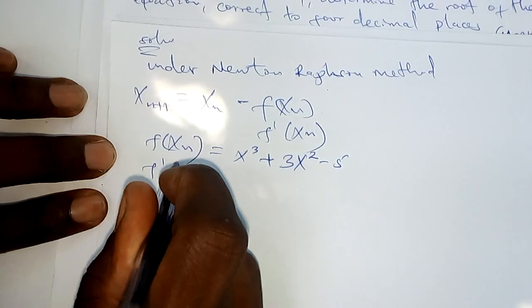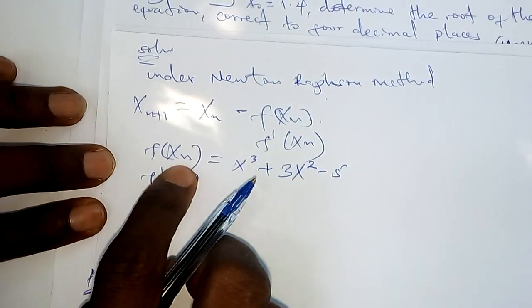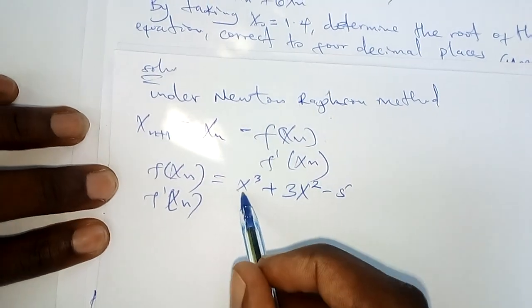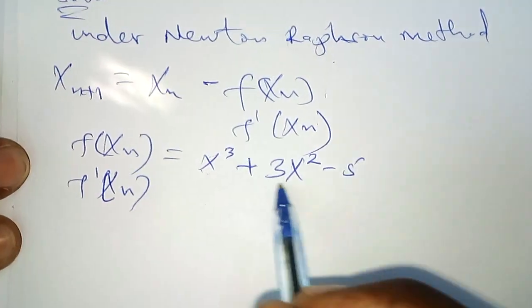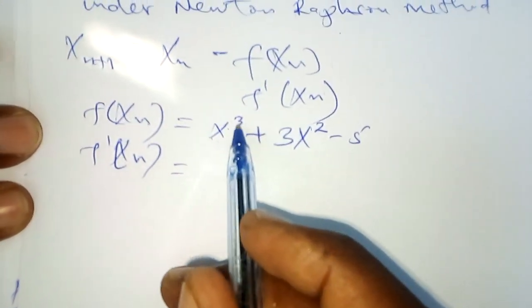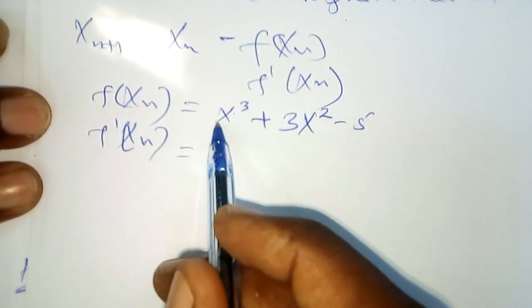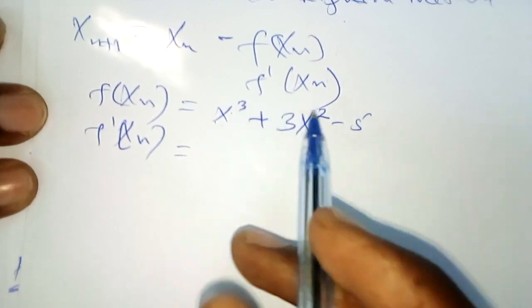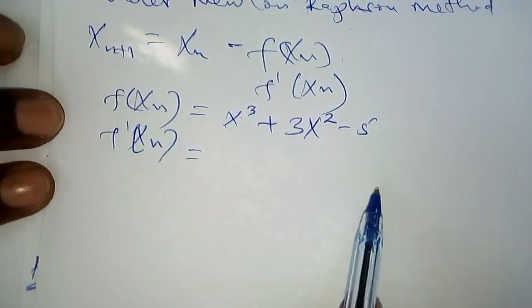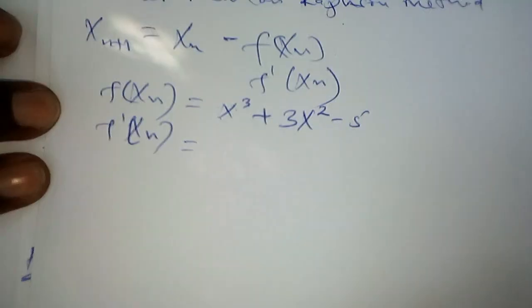And what about f prime xn? So f prime means you differentiate fxn. When we differentiate, we take the power, multiply by the coefficient, and reduce the power by 1. Again here we take the power, multiply by the coefficient, and reduce the power by 1. Then the constant will now be 0.